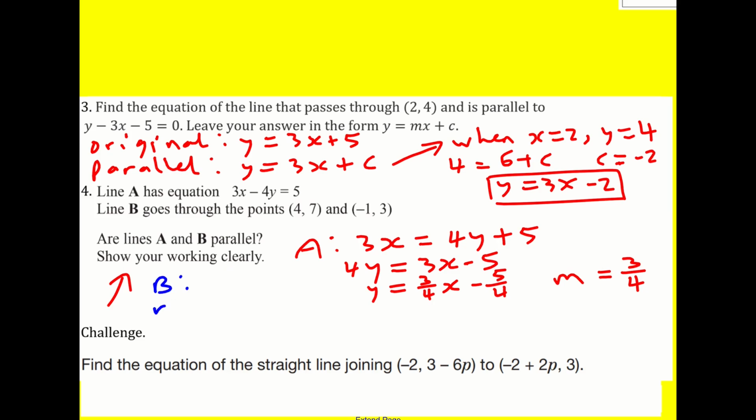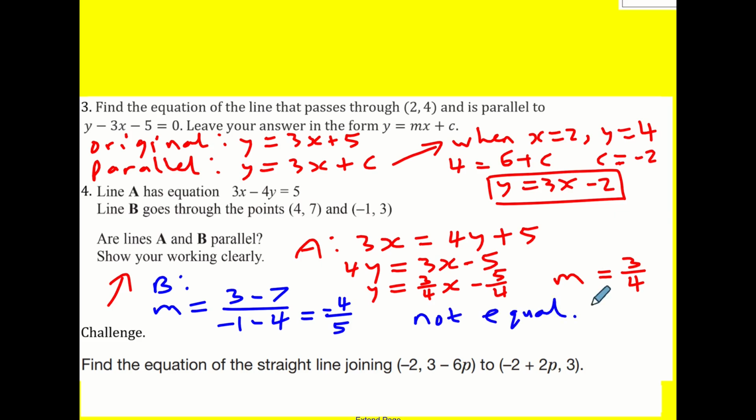So I can work out the gradients by doing y2 minus y1 over x2 minus x1. 3 minus 7 over minus 1 minus 4. And that gives me minus 4 over 5. So they're not equal. Not equal. So they are not parallel.